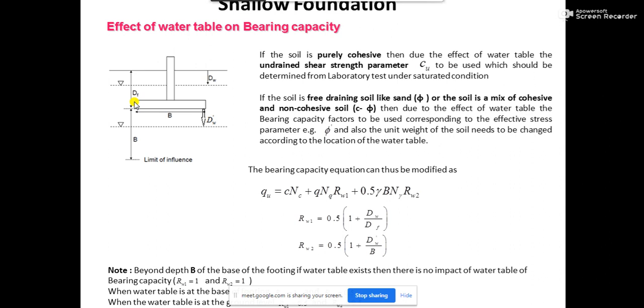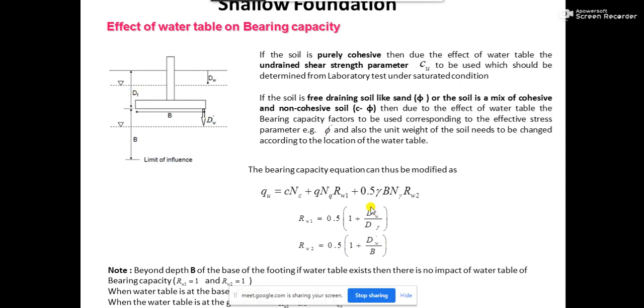But if the water table rises further up, that means it increases its level from the base of the footing and it is moving towards the ground level. So if it moves to an in-between position somewhere over here, let's say, then this dW will be lesser than this dF.